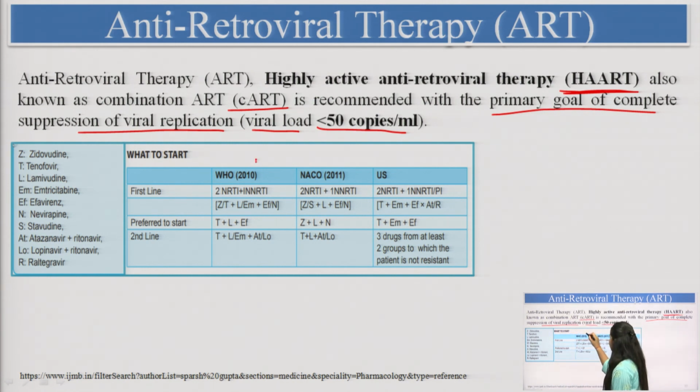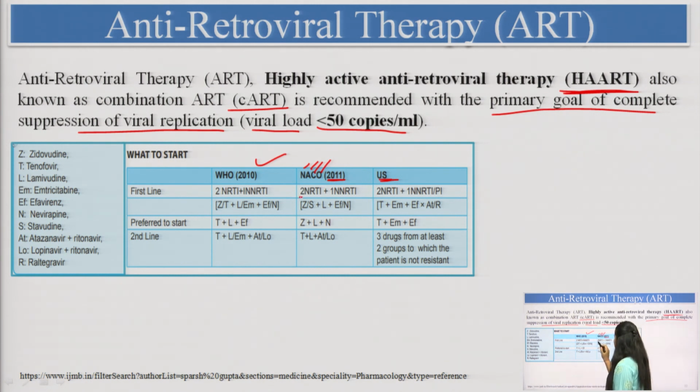Now, WHO, World Health Organization 2010, and NACO, National AIDS Control Organization, a body of India, in 2011 have given some combinations, and there is also the US guideline. What is important for us is the NACO guideline. First line therapy is 2 NRTI plus 1 NNRTI.